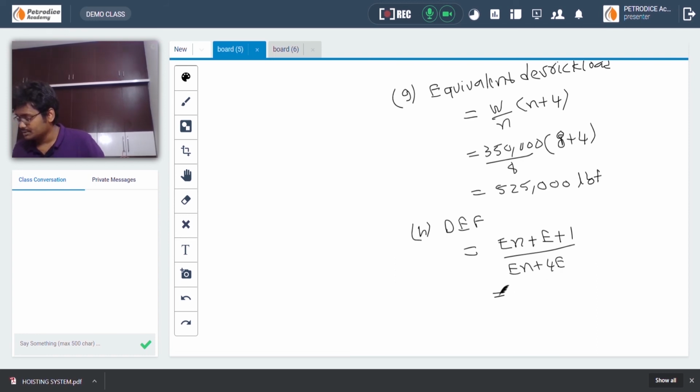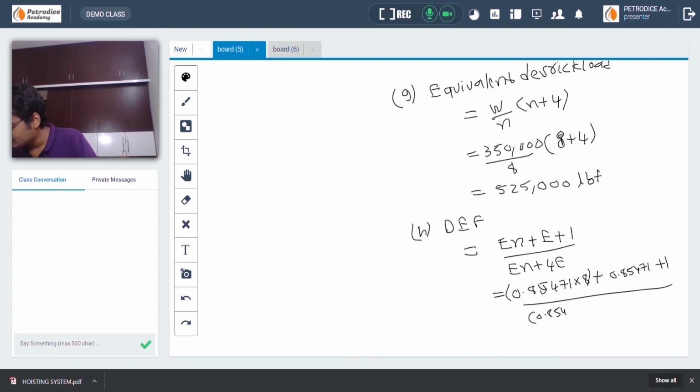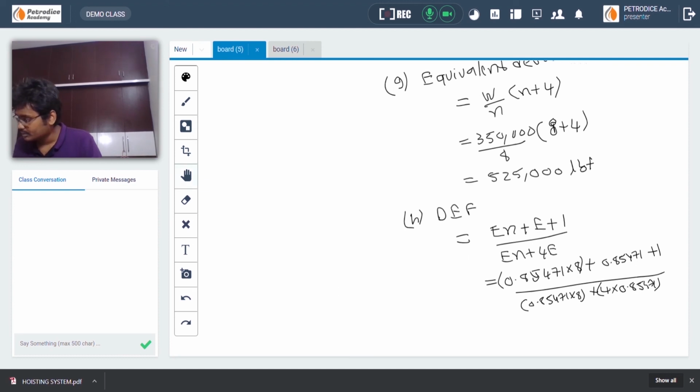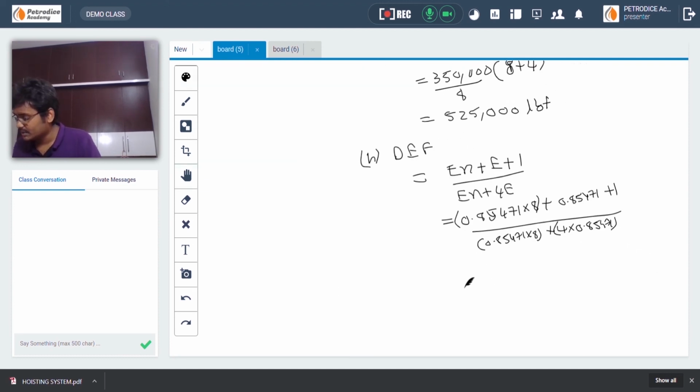Okay, it is 0.85471 into 8 plus 0.85471 plus 1 divided by 0.85471 into 8 plus 4 into 0.85471. If we solve this one, we will get the derrick efficiency factor.